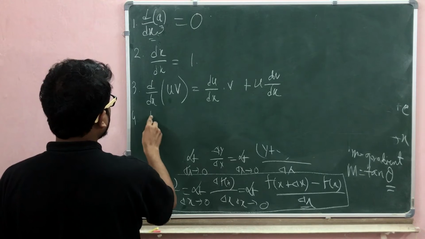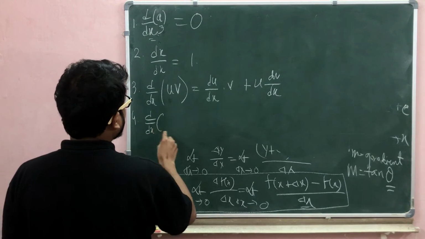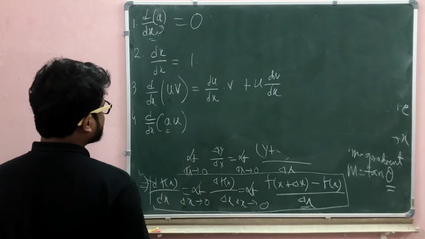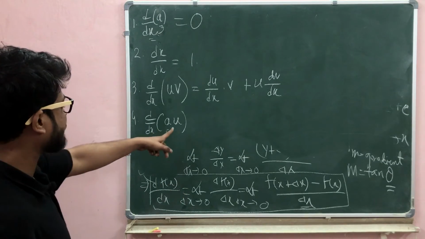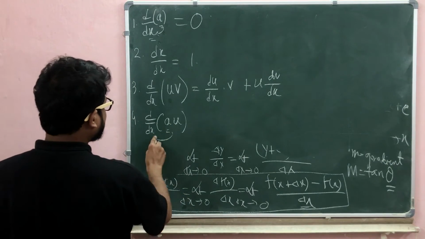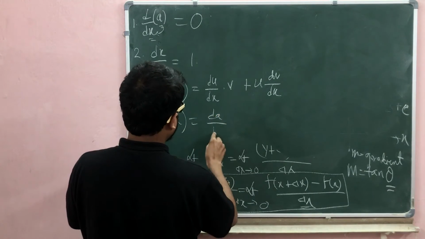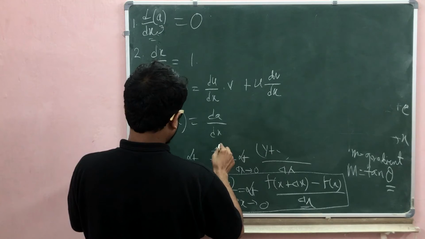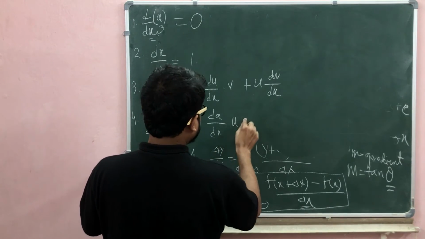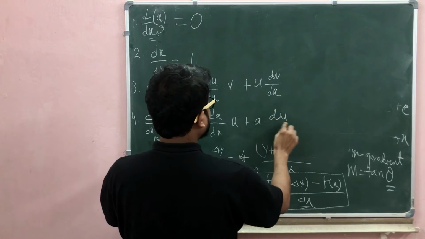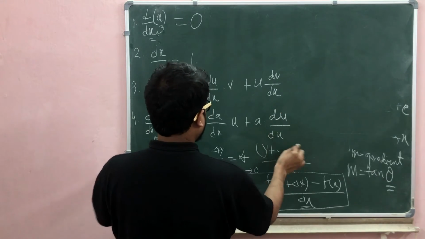Now formula number 4, d/dx of a times u, where a is a constant, any numeric value, and u is a variable, u depends on x. So the result is da/dx times u as it is, plus a as it is times du/dx.